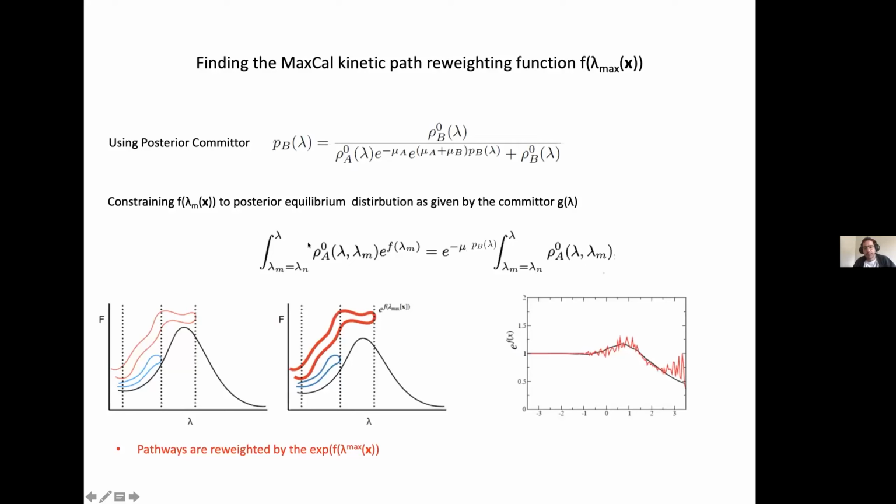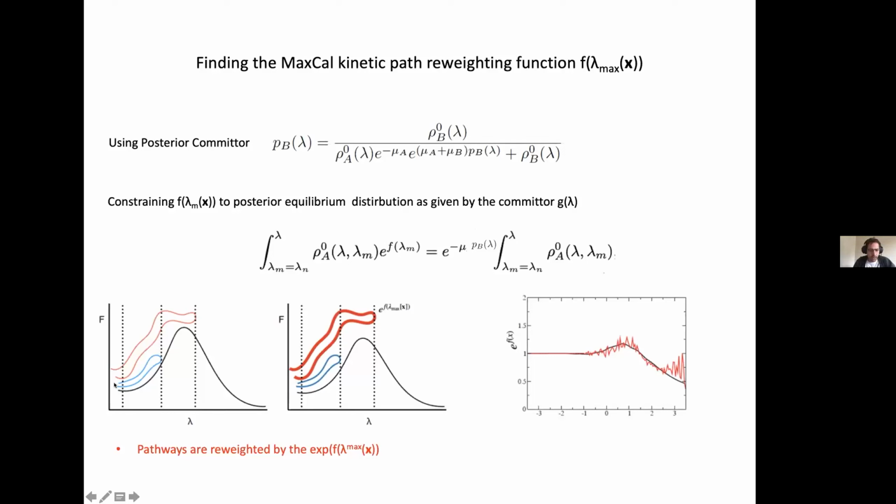We've found that there is a self-consistent way to relate this posterior committer and the respective configurational density to a path-dependent function f. So this is an iterative way to find what the function f is.